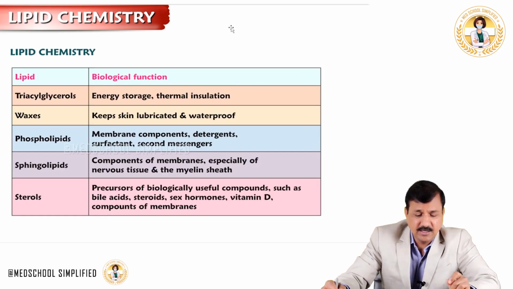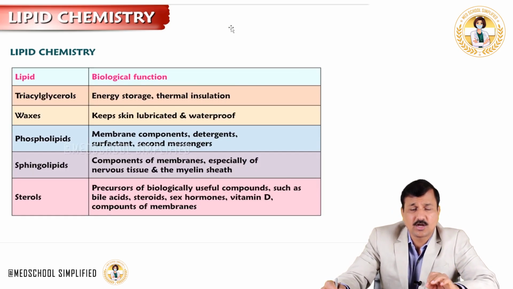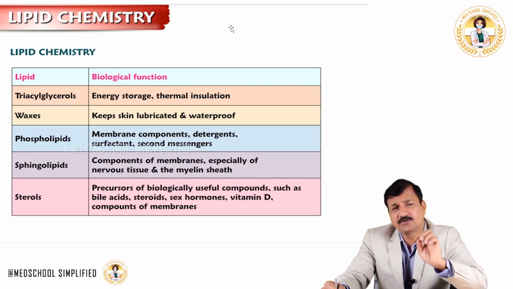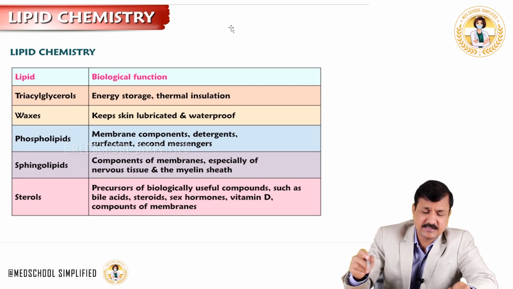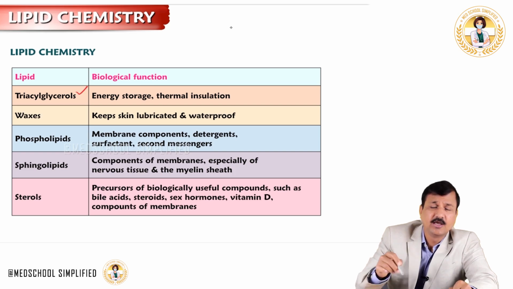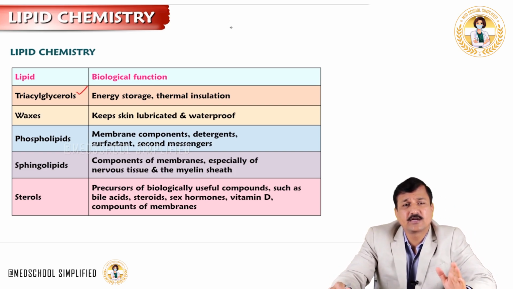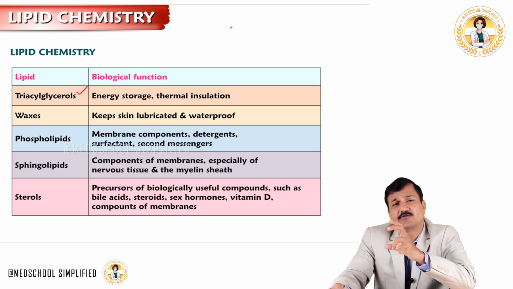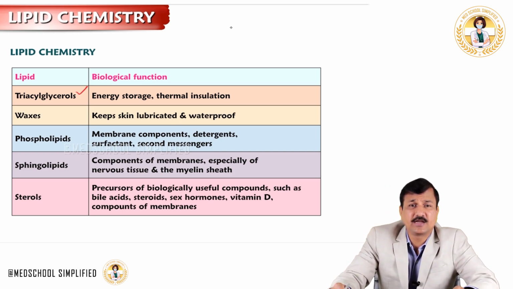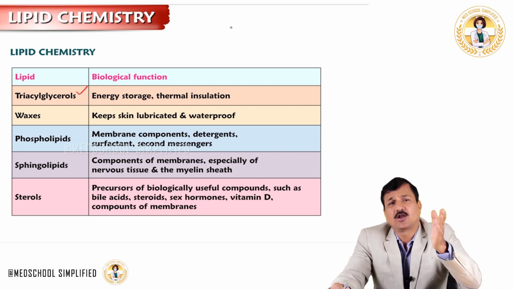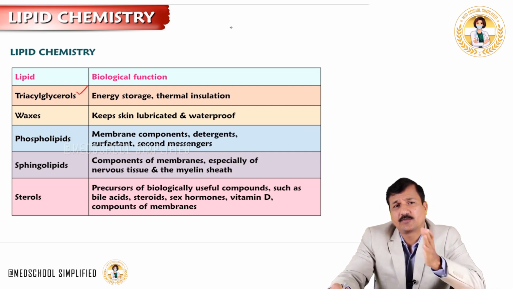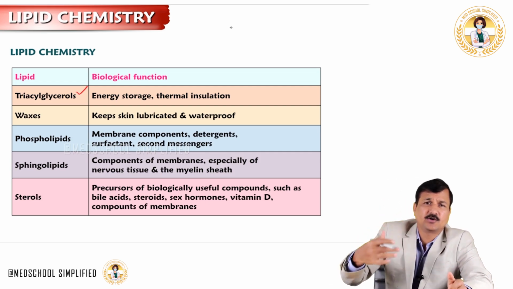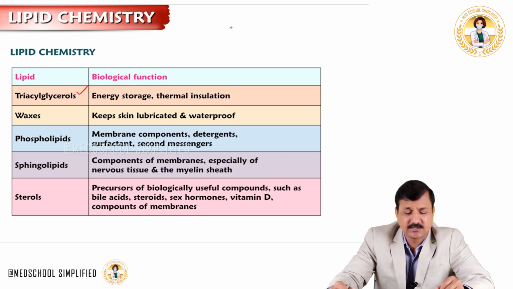Some of the lipids I would like to talk about, especially those which contain different types of fatty acids, is triacylglycerol. Triacylglycerol contains glycerol which is attached with three fatty acids. These three fatty acids can be of different types: long chain, short or medium chain fatty acids. I'm going to talk about what exactly a short chain, medium chain or long chain fatty acid is.